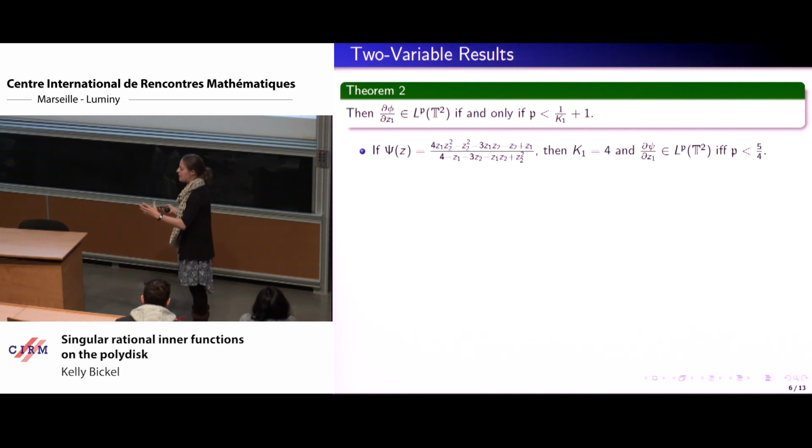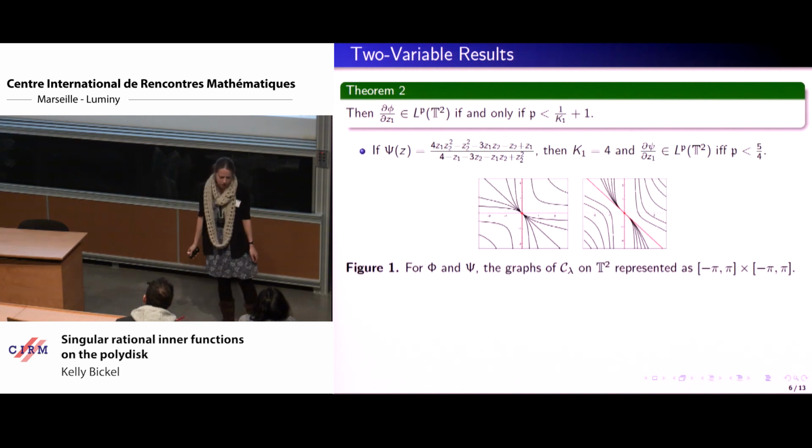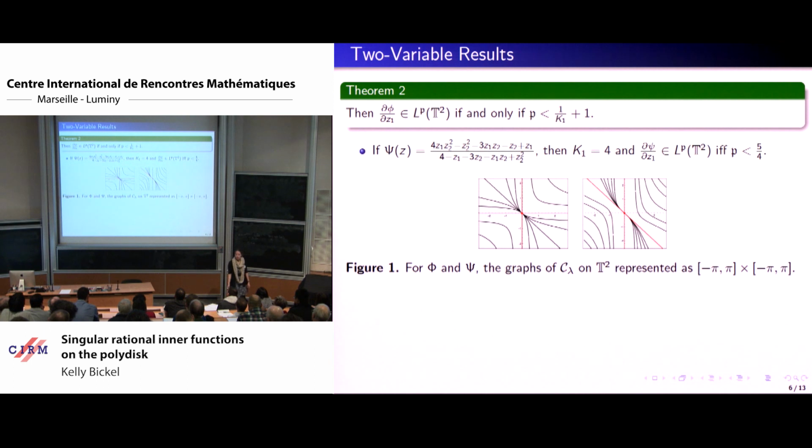And in order to think about contact order in a new way, we switched to studying unimodular level sets. So you've seen two rational inner functions already, this phi, which I have written on the board, and psi, which is given above. And really what I've done is graph some of their unimodular level sets here on the 2-torus.